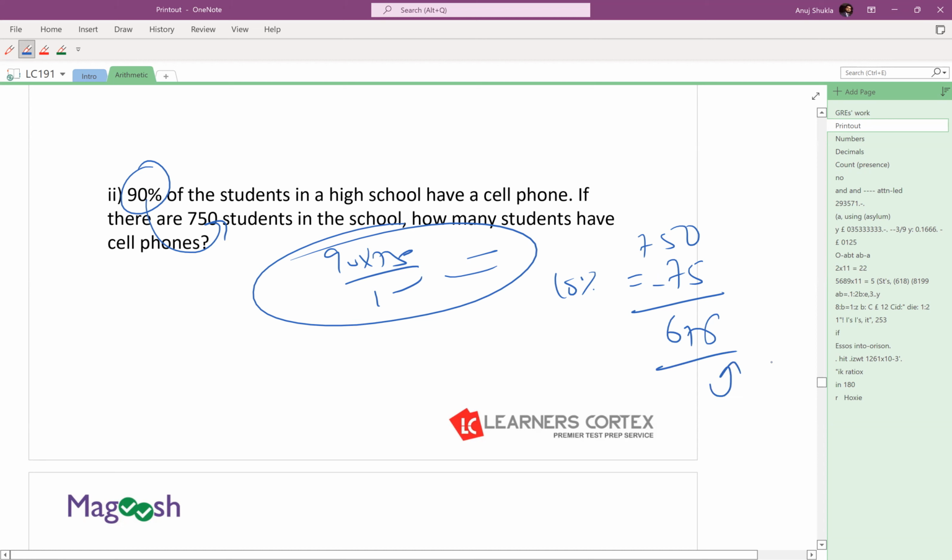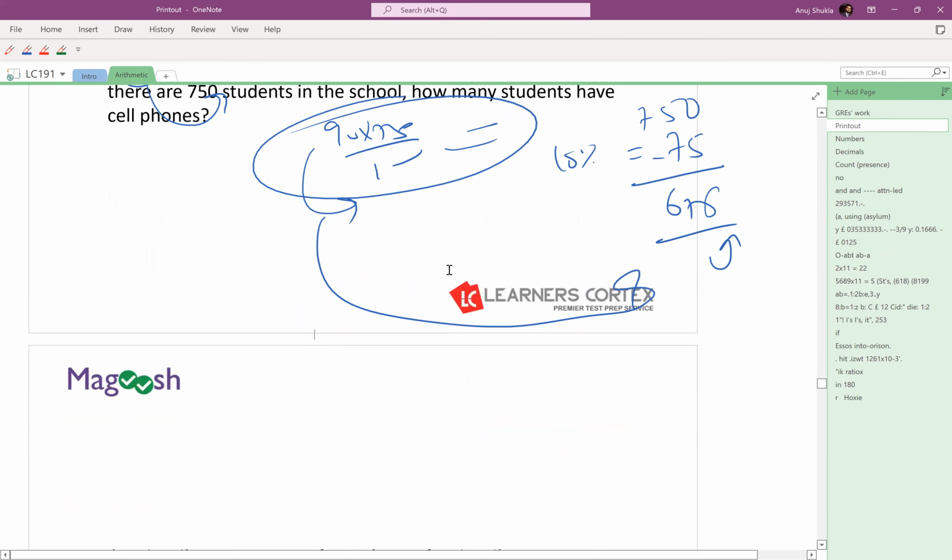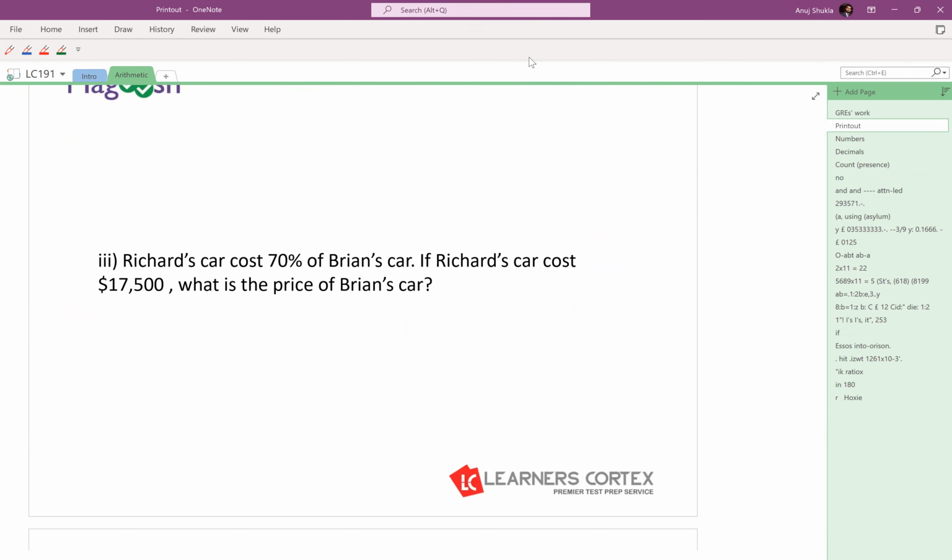That will be the number of students who have a cell phone. If you solve this way also, you'll get the same answer, 675.